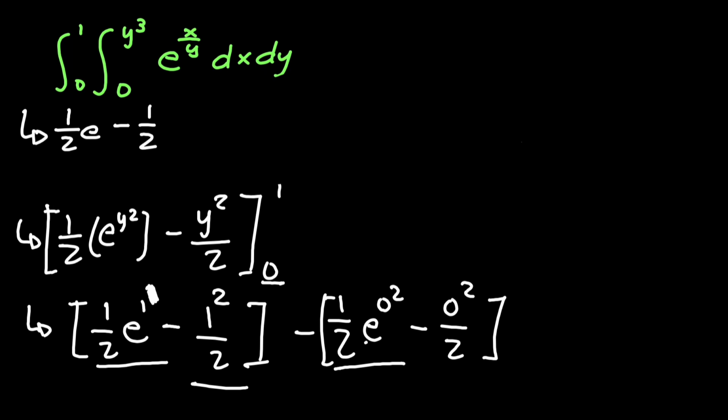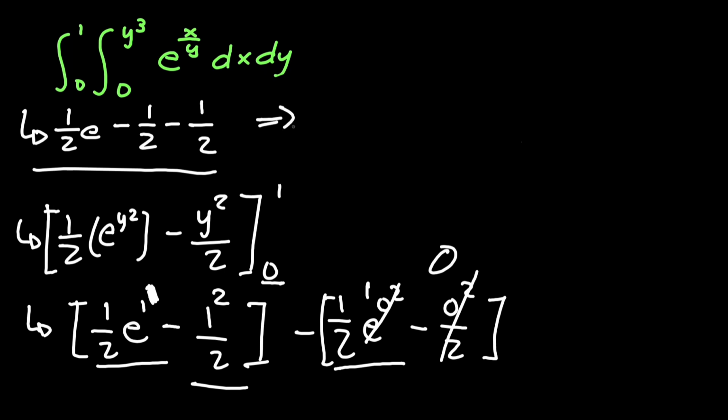E raised to the power of 0 is simply 1. So this is simply negative 1/2. And anything that divides by 0 is simply 0. So this would be the remaining answer. And now, the final answer right here, or the simplified answer, would be 1/2 e. Negative 1/2 minus 1/2 is simply negative 1.